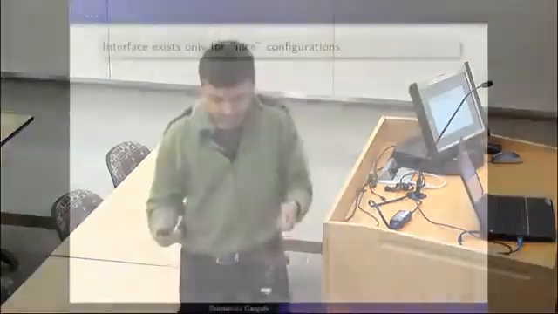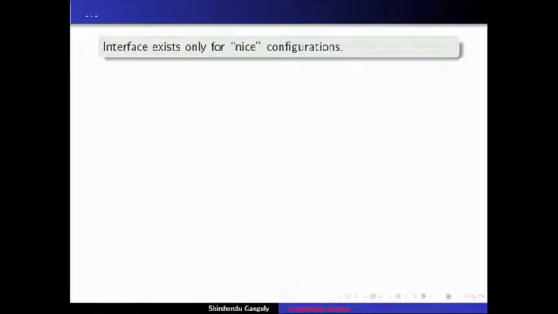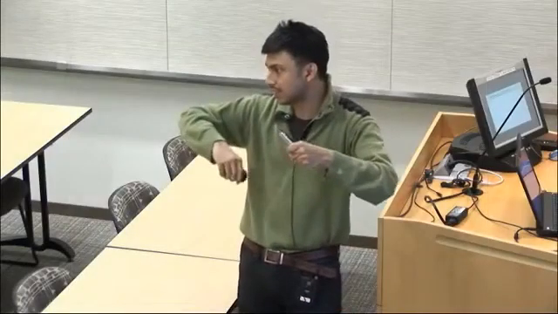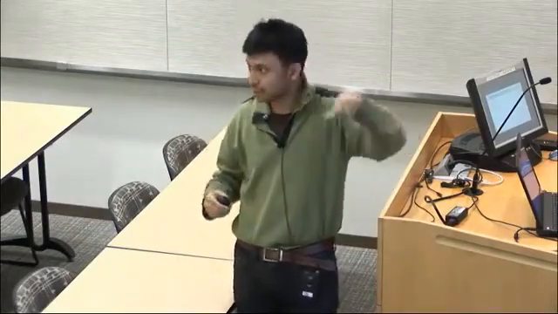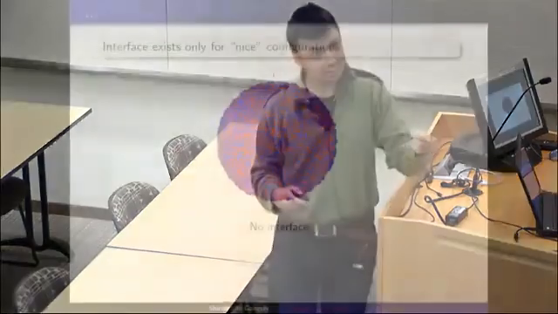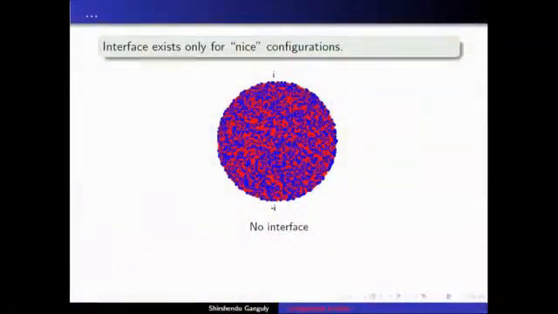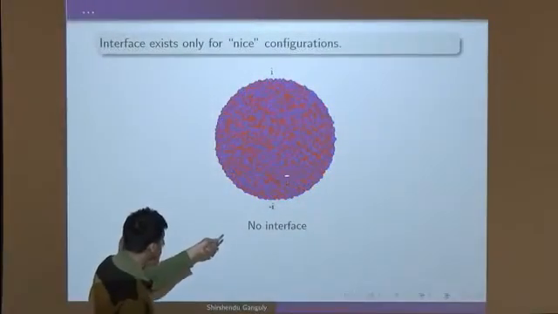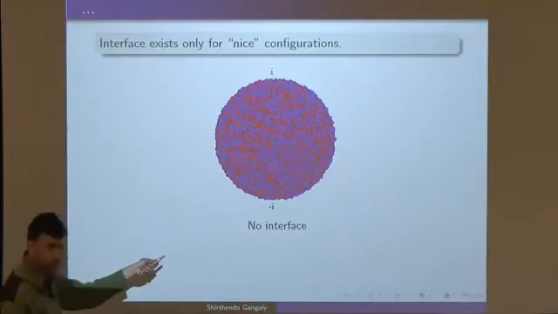Now, like I said, the notion of interface does not exist for all configurations, right? Only if all the blues are near the blue source, and all the red points are near the red source, can you expect to define an interface. For example, in a configuration like this, even in each source you will have both red and blue particles.